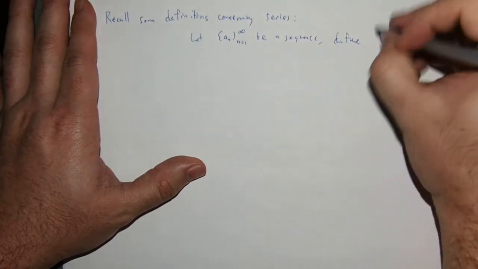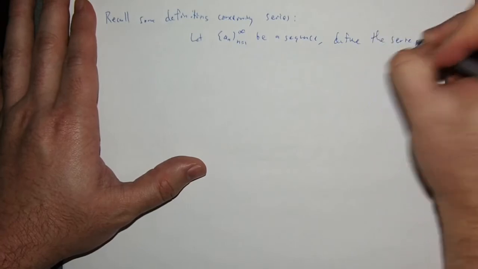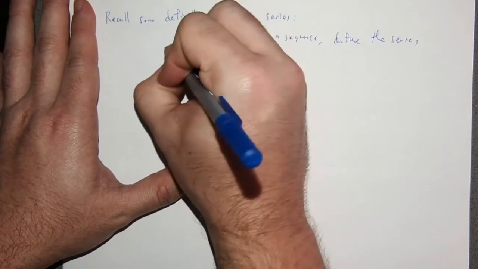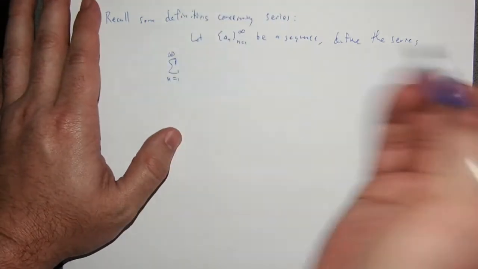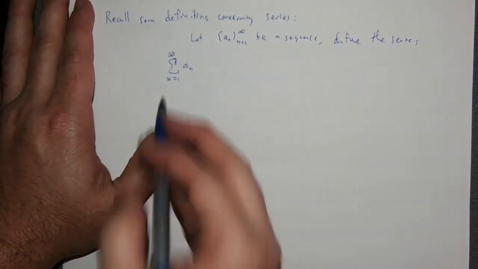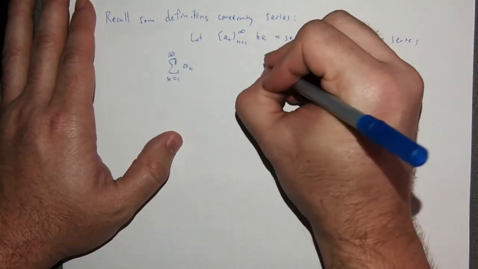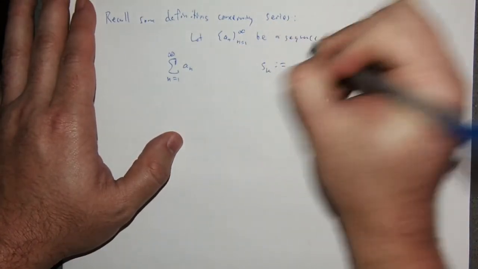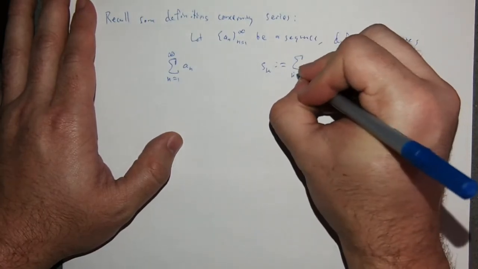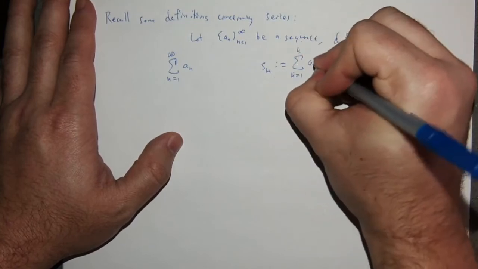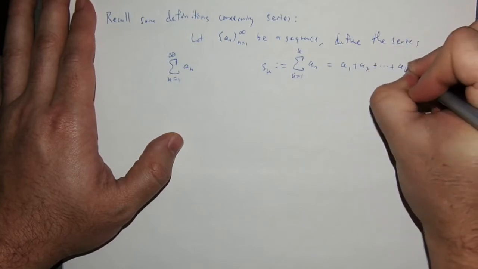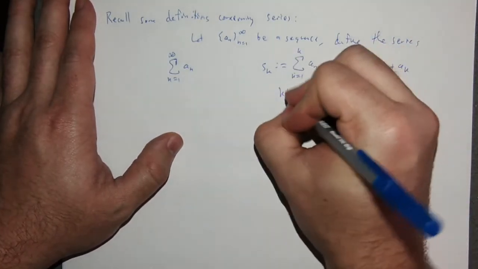Define the series, which is the sum from, say, n equals 1 to infinity of a sub n. Of course, you know that this doesn't have to begin at 1. So this is a series. From this series, I can define a sequence S sub k, where the kth term in the sequence is the sum from n equals 1 up to k of this thing. So this is a sub 1 plus a sub 2 plus and so on all the way up to a sub k. This is the kth partial sum.